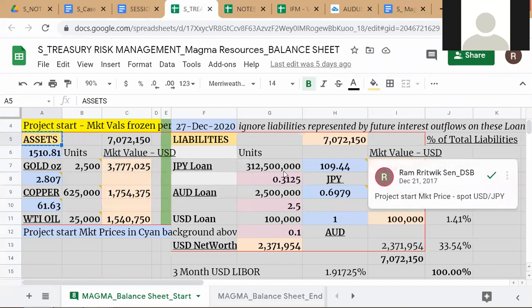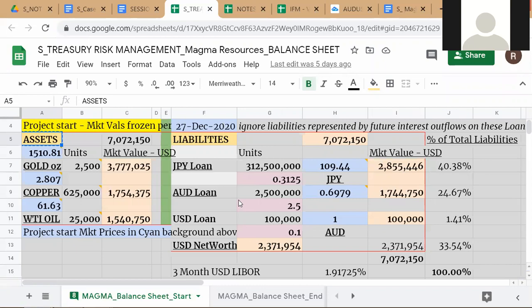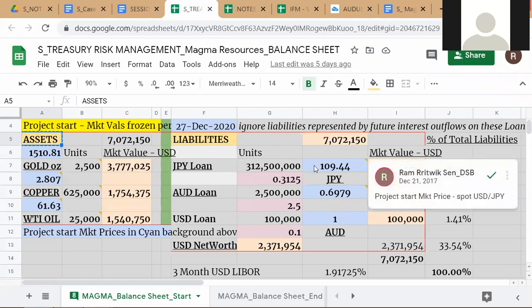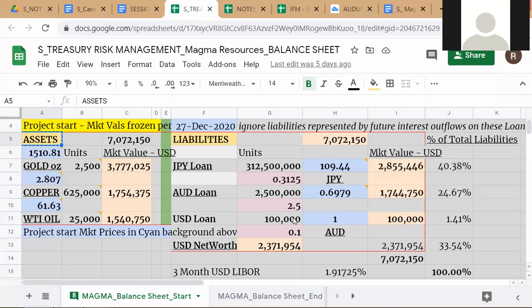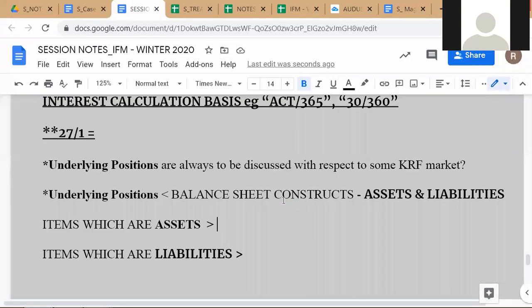Initially we figured out how to understand whether our position is long or short: we see what happens to our P&L when the price goes up, and accordingly we decide whether we are long or short. That's one way. The other way is to look at whether something that you have is an asset or a liability.